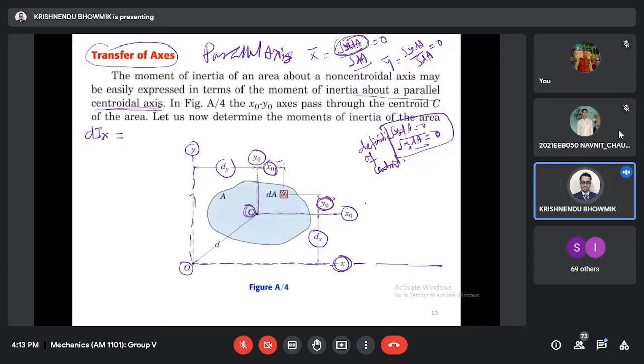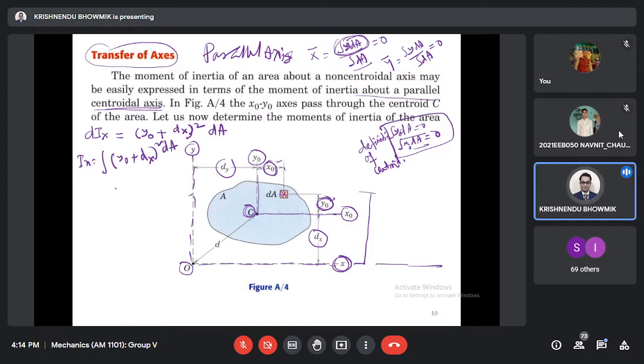What is the distance now? Total distance is y0 plus dx, so (y0 plus dx) square dA. That is our definition. This is the dIx. So Ix will be the integration of (y0 plus dx) square dA.